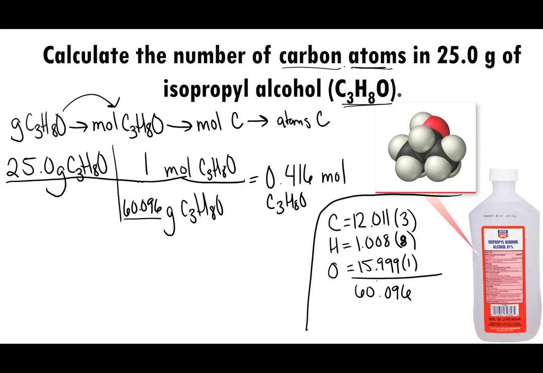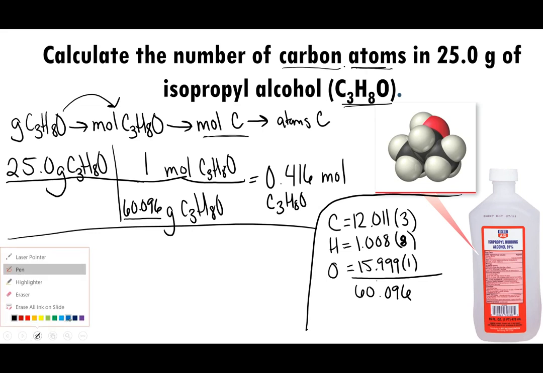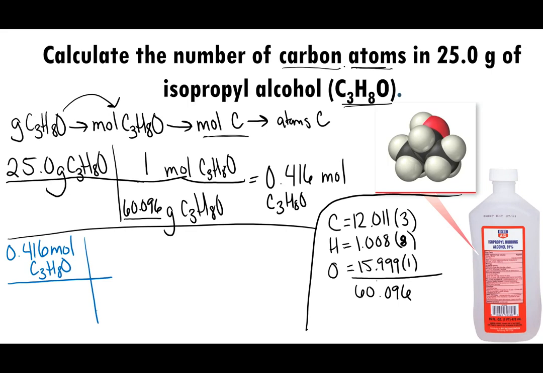Step 2, new step, going from moles of the compound to moles of individual atoms. So I'm going to come down here. I'm going to do a different color just so it sets apart a little bit. I take the answer from the first step and I start a new problem. Okay. So moles of isopropyl go on the bottom because that's what I'm trying to get rid of. Moles, what's our destination in the second step? Moles of individual carbon.